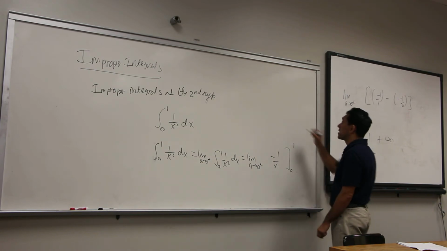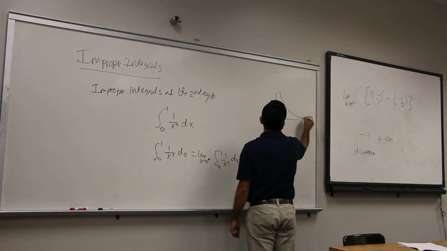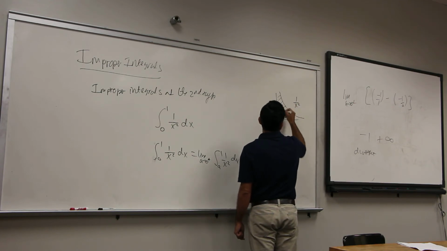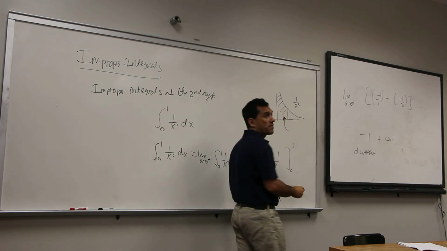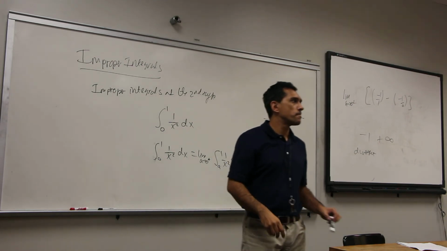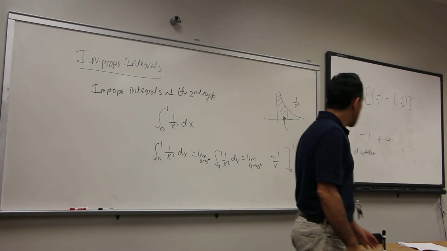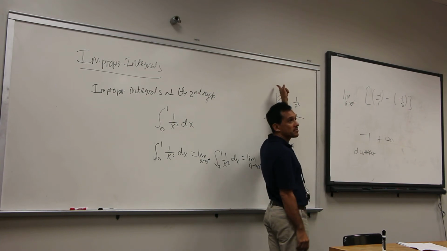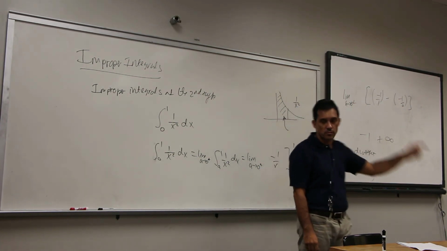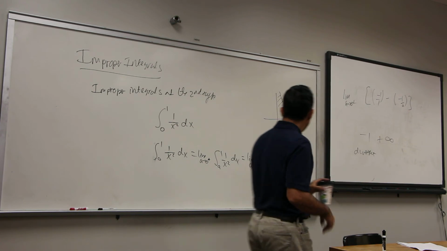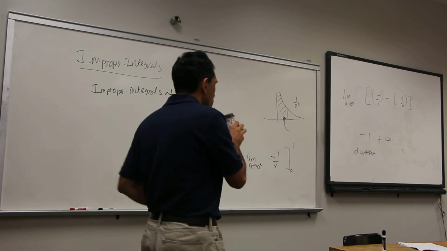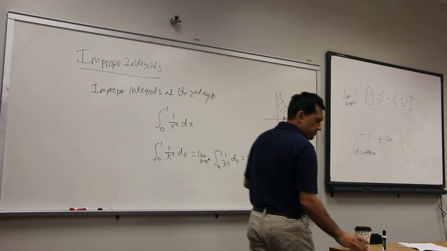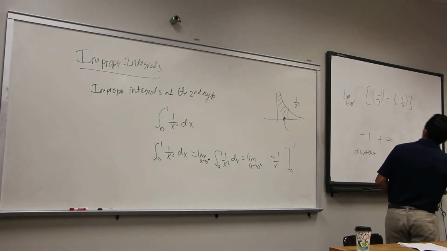That is to say, this area here is what? Infinite. This area is finite, but this one is infinite. Okay, you try it.